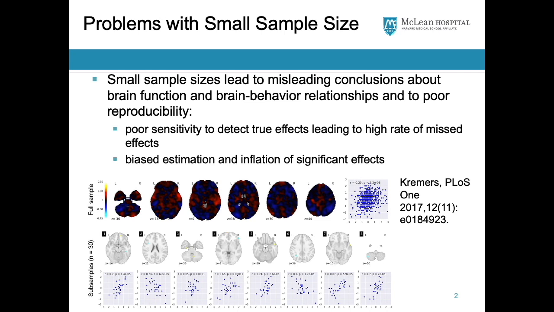Random subsamples with 30 participants in each subsample and reanalysis to estimate the association between brain activation and agreeableness showed that the voxel with the peak correlation value varied across all the subsamples, and that the actual correlation strength was highly inflated, being more than double what the peak correlation was in the full sample size.